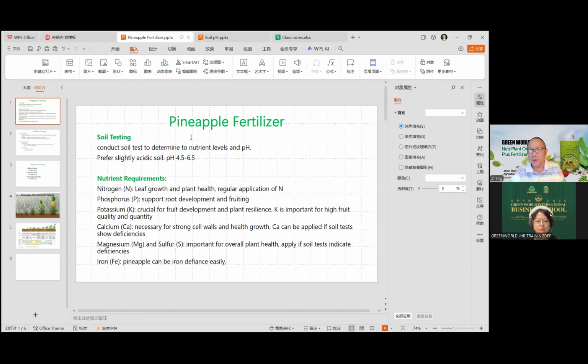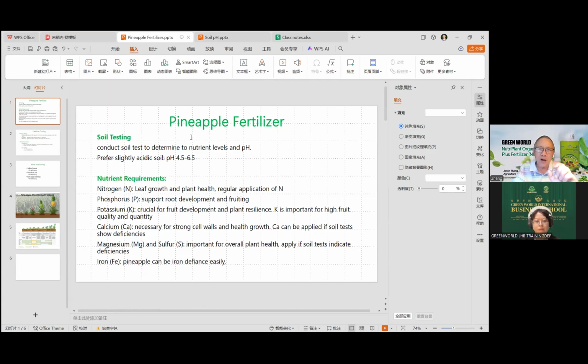When you spray NOPF, you not only apply the amino acids or nitrogen fertilizer, you also apply the trace elements. A lot of people didn't realize this is such an important, good feature of NOPF.